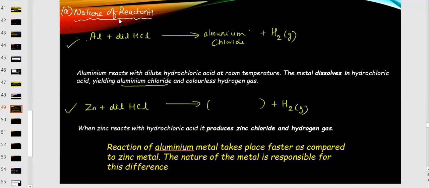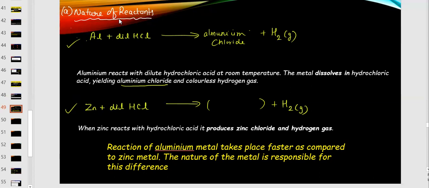So depending on the element, we can say which reaction is faster. When we took these 2 examples, aluminium with dilute HCl is faster compared to zinc with dilute HCl. That is the difference here. So with these two examples, we can say that the nature of the metal matters: here aluminium is taken, here zinc is taken, different metals, different elements.